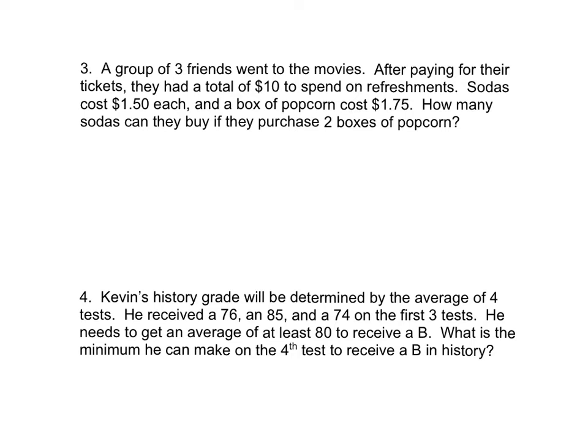Let's begin with the question. We're looking for how many sodas they can buy, but I don't like S for a variable, so I'm going to use C for Coke. We know that each Coke or soda costs $1.50 each, so that implies multiplication. And we want to buy a box of popcorn. Well, we want 2 boxes of popcorn, so that would be 2 times $1.75.